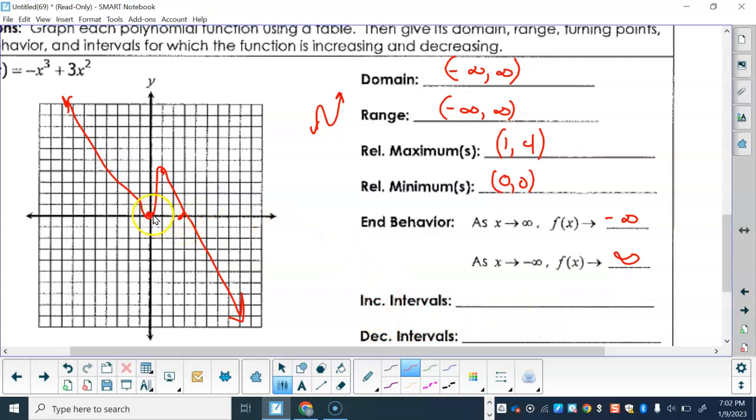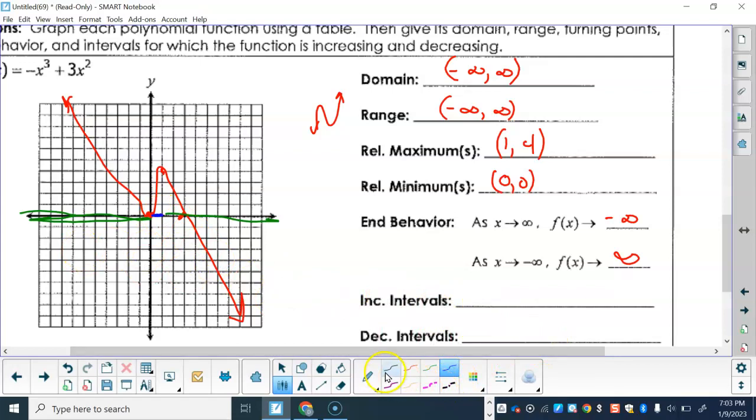I know this is a relative minimum, so for my x values from negative infinity up to 0, 0 right here, this is all decreasing back here, all decreasing. And then if we look at it again, it starts to decrease from our max, going out to infinity is a decrease. And in between those 2 points, we have an increasing interval.